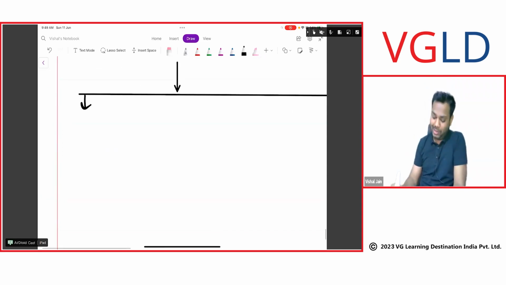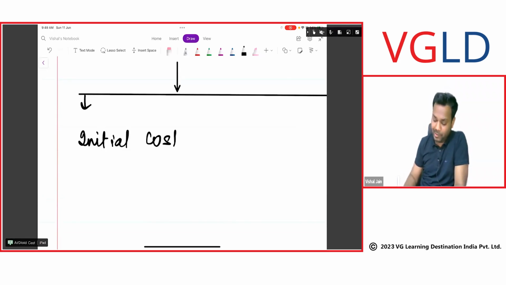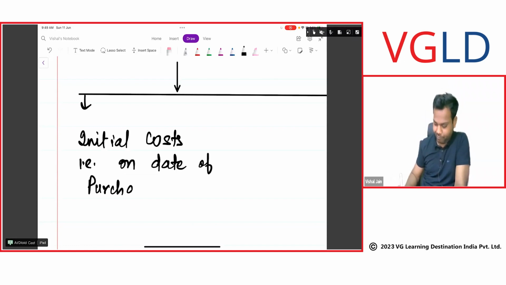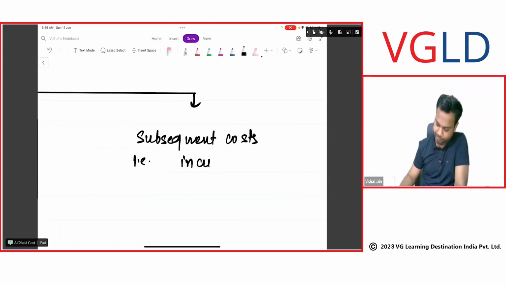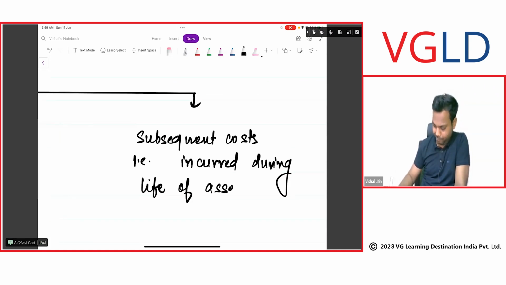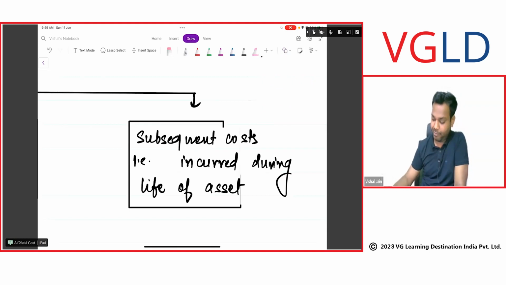So that's a question now. Initial measurement means 2 things. Initial costs, that is, on date of purchase, and further it also means subsequent costs, that is incurred during the life of the asset.